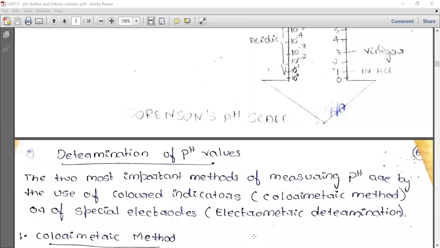For example, whenever you add an indicator, say now it's an experiment having HCl and NaOH.